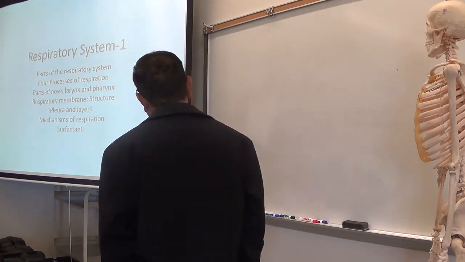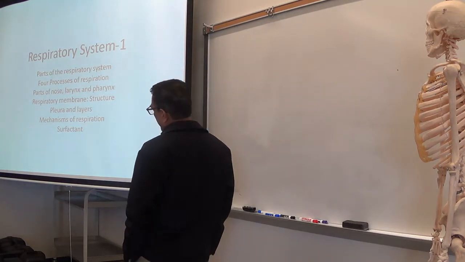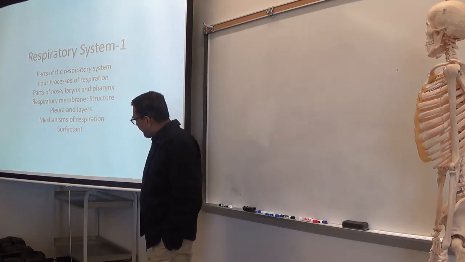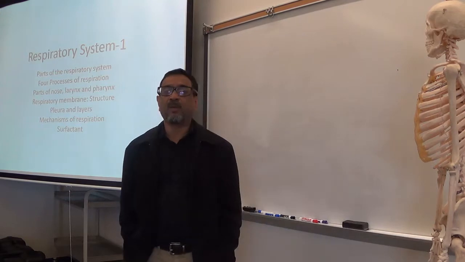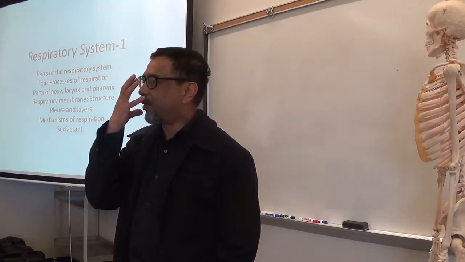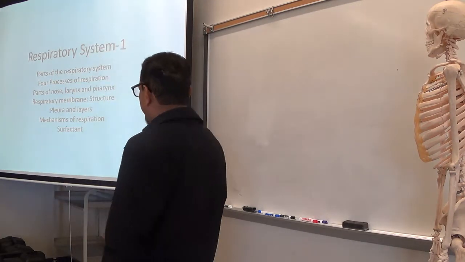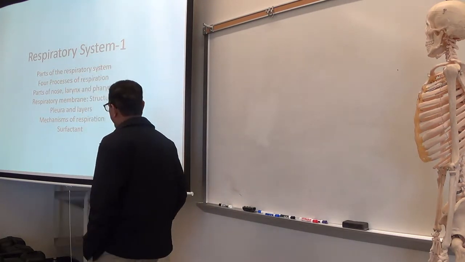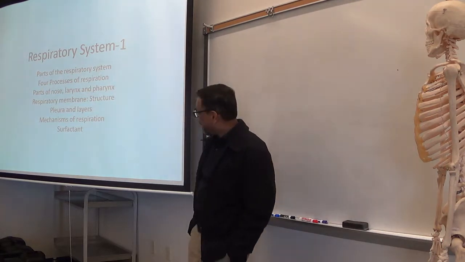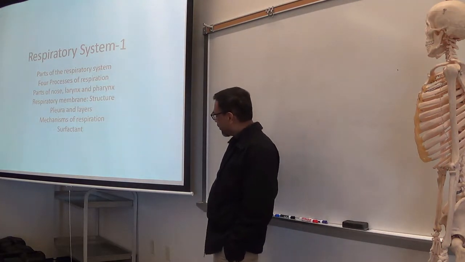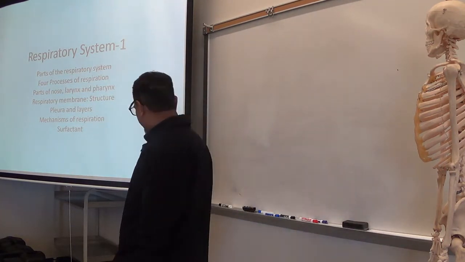Then we'll talk about the individual organs of the respiratory system. First, the nose, which is the uppermost organ or part of the respiratory system. Then the pharynx, larynx, trachea, bronchi, those are the structures, and the lungs.